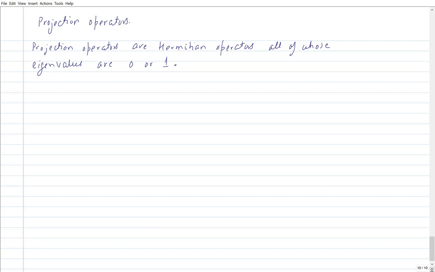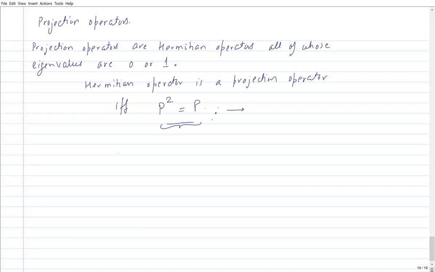So in other words, a Hermitian operator P is a projection operator if and only if P squared equals P. So show that if an operator meets this condition, it's a projection operator with eigenvalues 0 or 1, essentially.